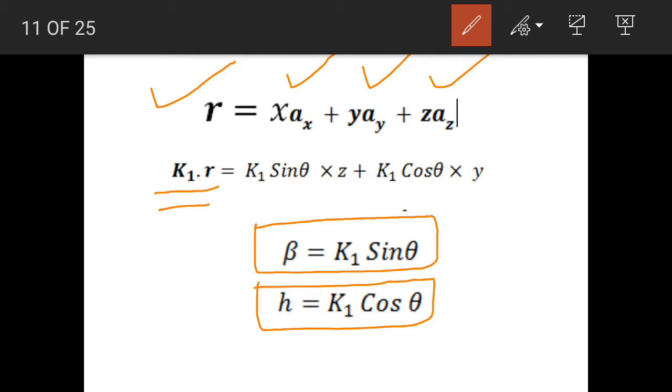You see k1 has a component along y-axis as well as z-axis. So if we calculate the scalar product of these two vector quantities, it results in k1 sine theta into z plus k1 cos theta into y. We replace k1 sine theta by beta and k1 cos theta by h.